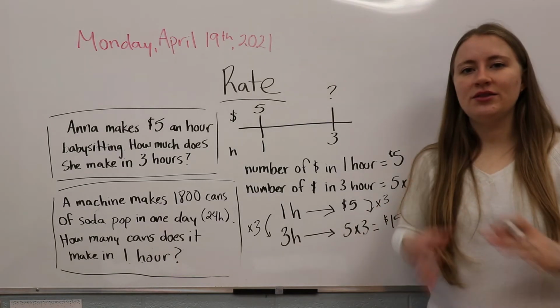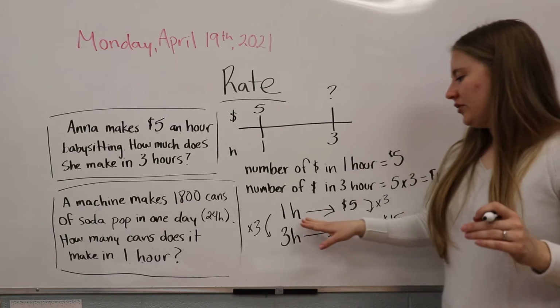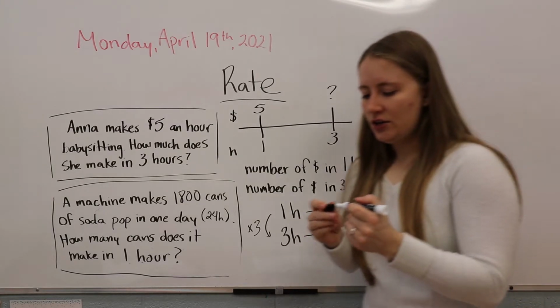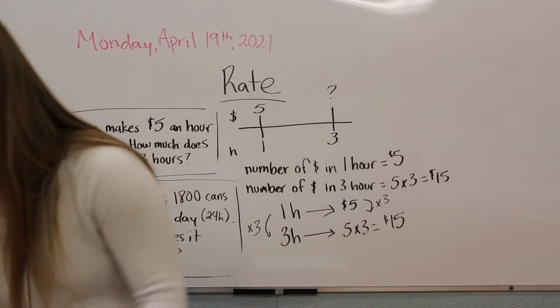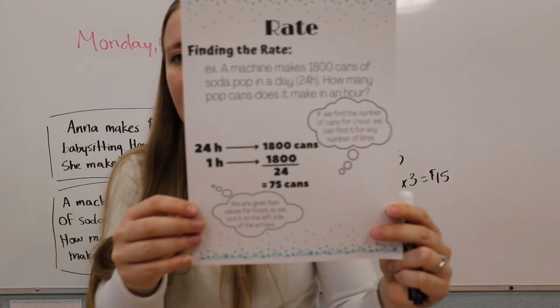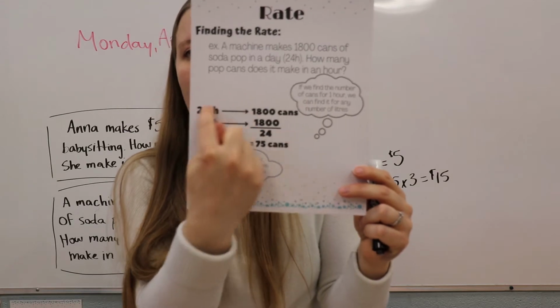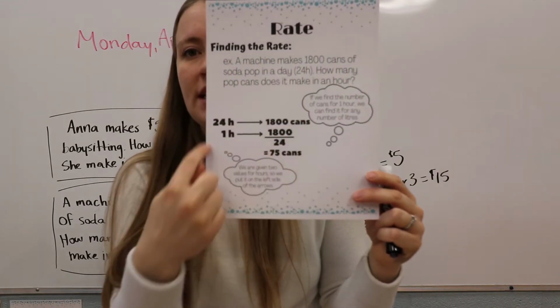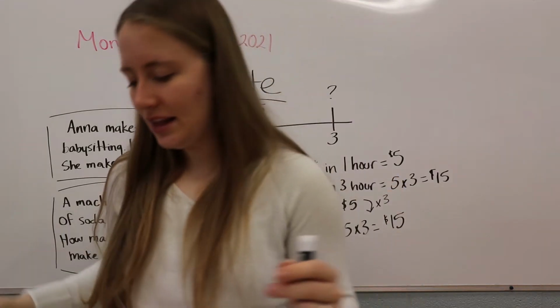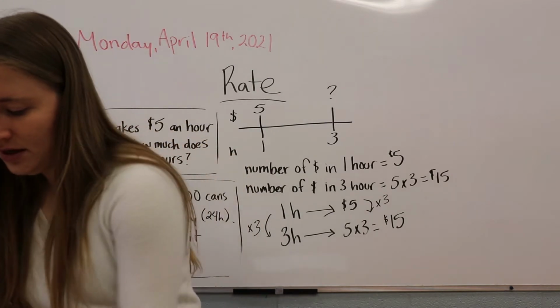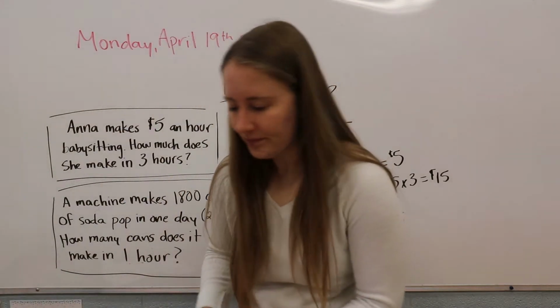Okay? So when we continue to work on rate, I want us to continue to use arrows to show what it's worth. And you'll see that actually in this anchor chart. Do you see how I've given arrows there to show the value of the different quantities, okay? Because that's the relationship that they have with one another, okay?